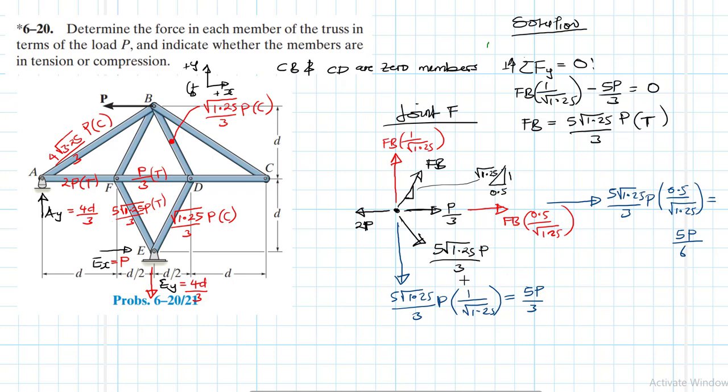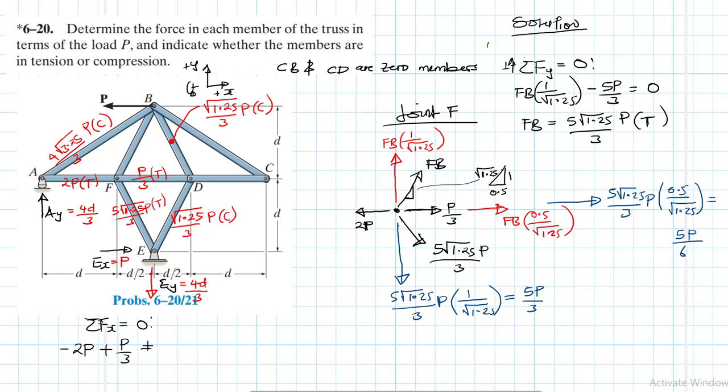Okay, so let's apply another equation to just prove on the x-axis if everything is fine. Summation of forces in the x direction equal to 0. We have a minus 2P, then plus P over 3.